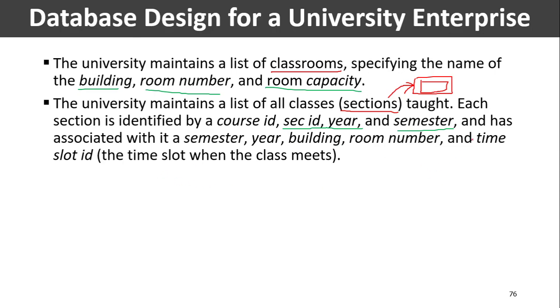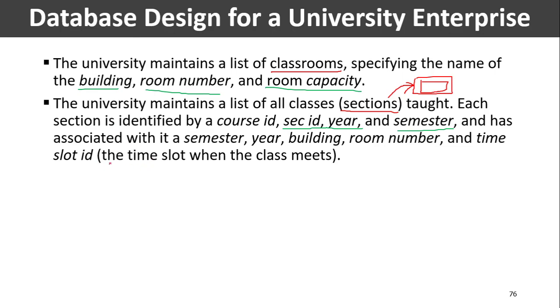Further, it has been mentioned that each section has associated with it a semester, year, building, room number and time slot ID. I'll repeat: the section has associated with it a semester, year, building, room number and time slot ID.